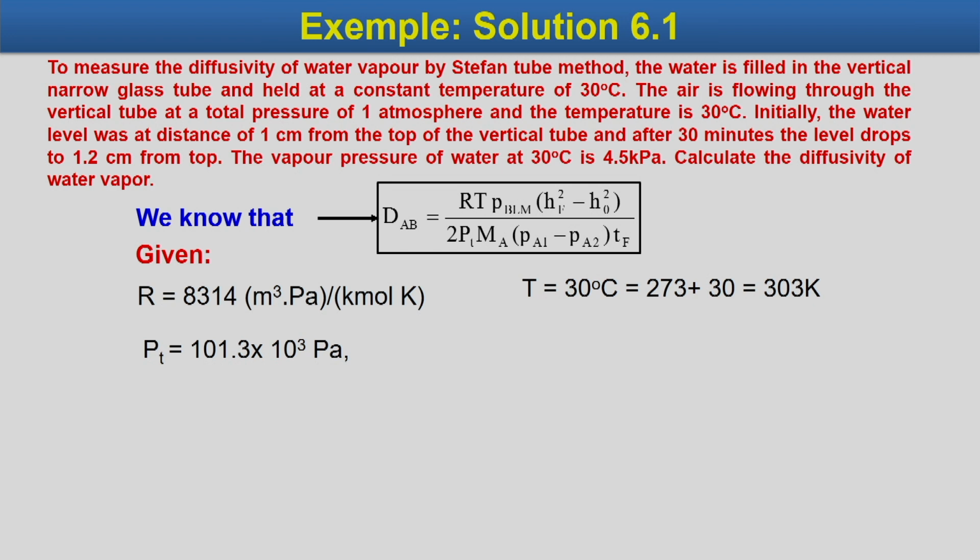Total pressure is 1 atmosphere, equal to 101.3 into 10 to the power 3 Pascal. Partial pressure of component A at 1, Pa1 at the surface, is 4.5 kilopascal, equal to 4.5 into 10 to the power 3 Pascal, and partial pressure of A at 2, at the top, is equal to 0.